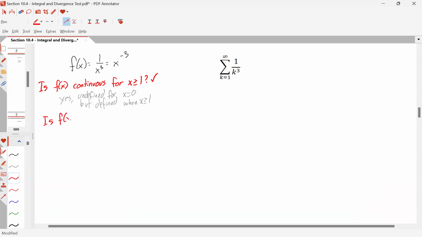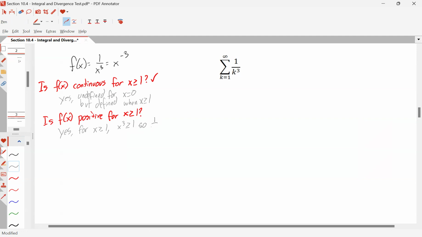The second question is, is f of x positive for x greater than or equal to 1? And yes, for x greater than or equal to 1, x cubed is greater than or equal to 1.